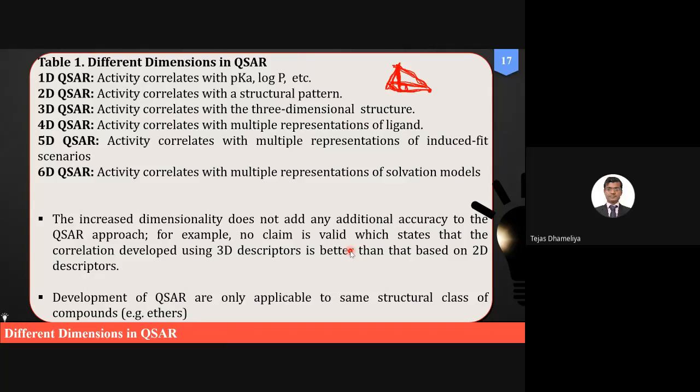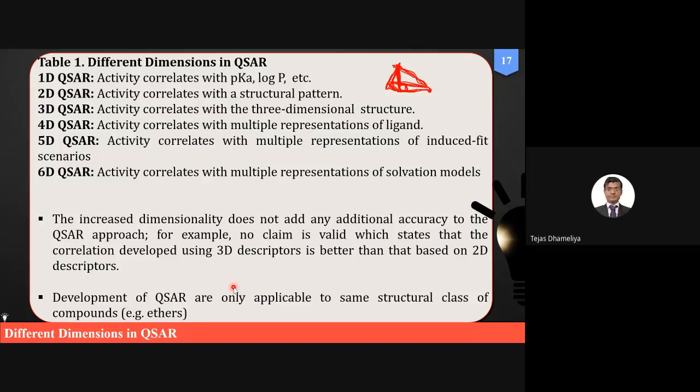So we should keep in mind that 1D, 2D, 3D, 4D, 5D, and 6D, all kinds of QSAR are appropriate and good at their own correlations, but there shall not be any kind of superiority between them.